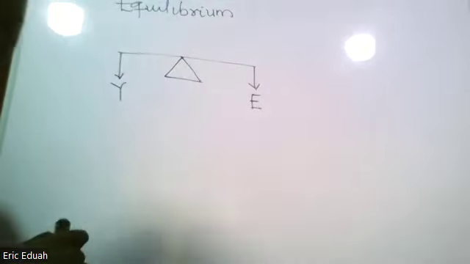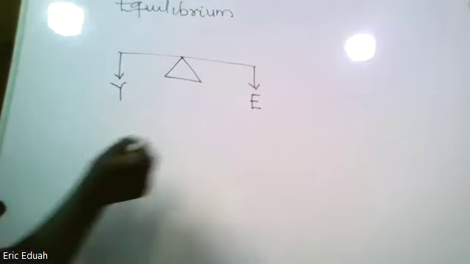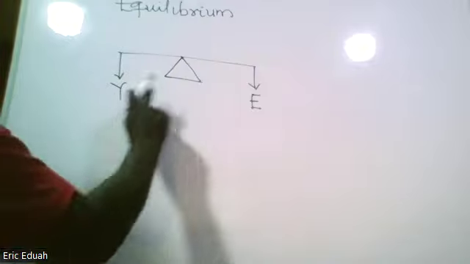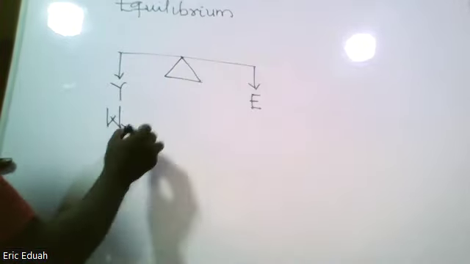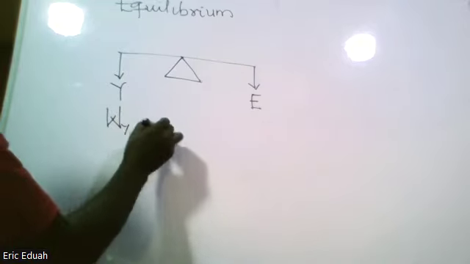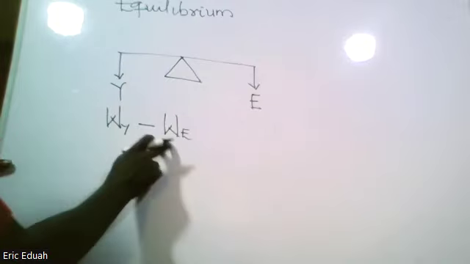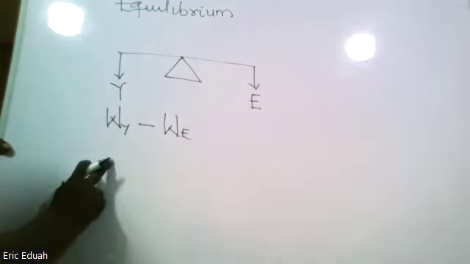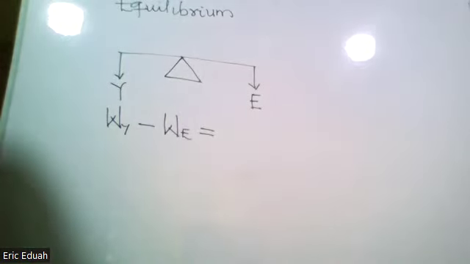The beam will just be flat horizontal. Now, if I want to find the difference between their weights, WY, Yasmin's weight, minus WE, Elizabeth's weight, because the two weights are equal, what will be the difference between them? 0.